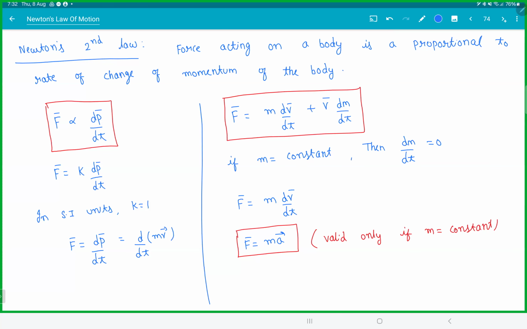Constants you can't find with theory. You have to figure out with experiments. In kinetic energy, how do you know it is half mv square and not mv square? The dimensions and all, you can find mv square tak aayega, but that half or what, you will never be able to figure out. So those things you have to do experiments and figure it out. Clear with this?